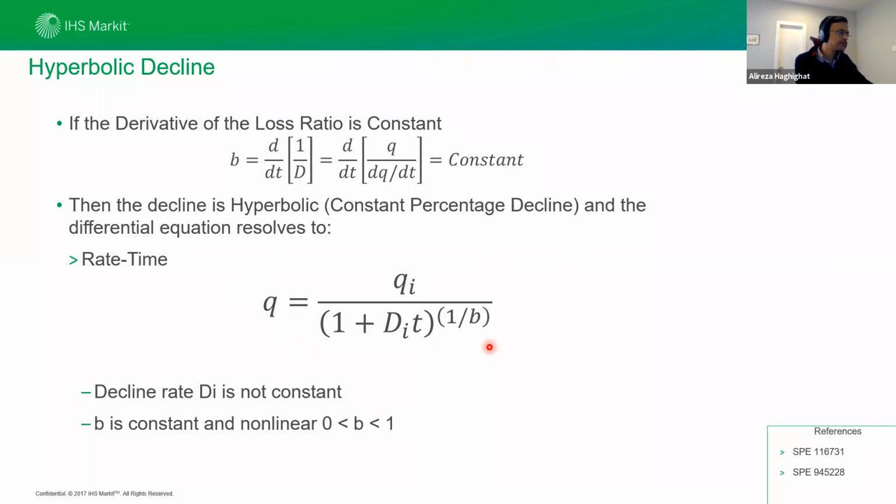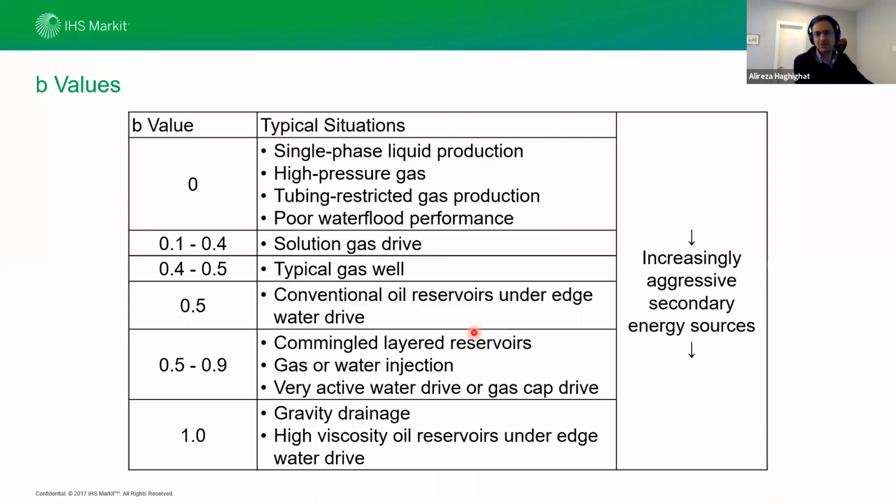And then let's talk a little bit about that b factor, how the decline rate changes over time. The b factor, or b value, is a function of your drive mechanisms, the mechanism that is in charge of the fluid flow in the porous media.